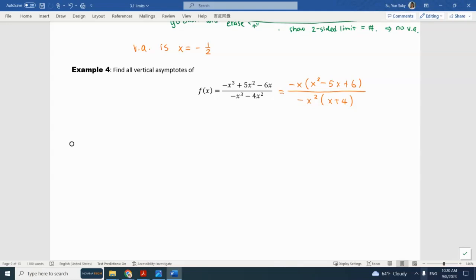Okay. Now, let's continue. Look at the numerator. Can we factor the numerator more? Oh, by the way, do you see the minus cancel? We can also cancel one copy of x. So we get, how can we factor that? Denominator, we have x and x plus 4.